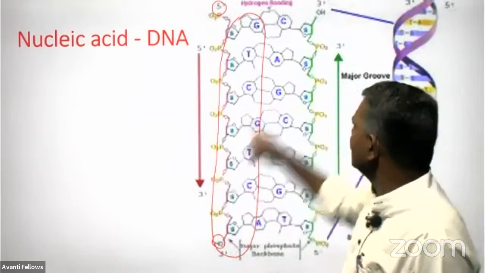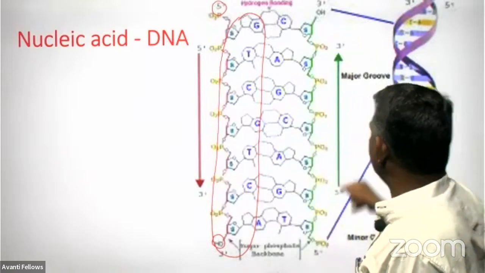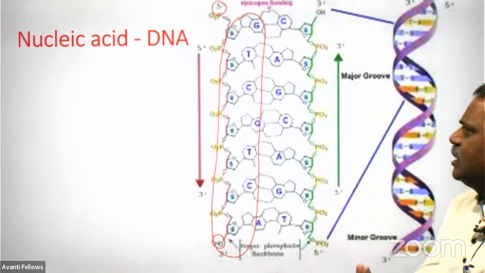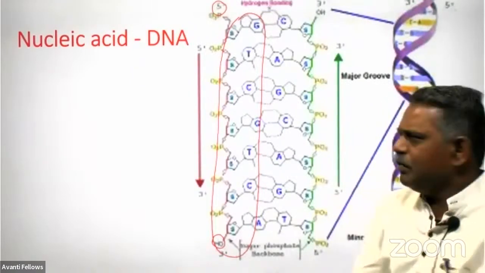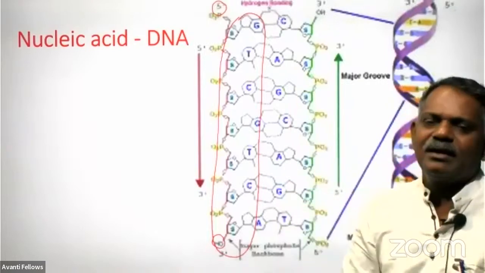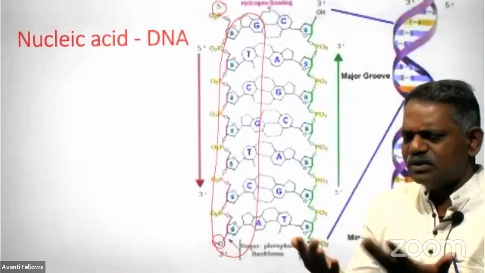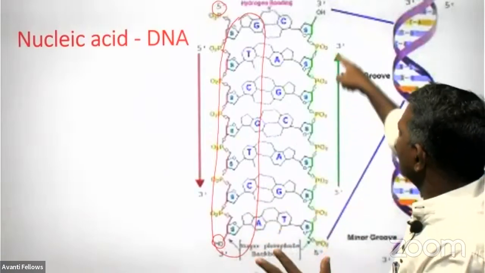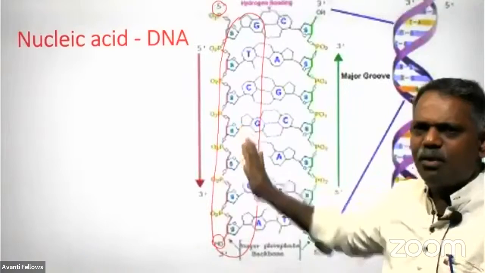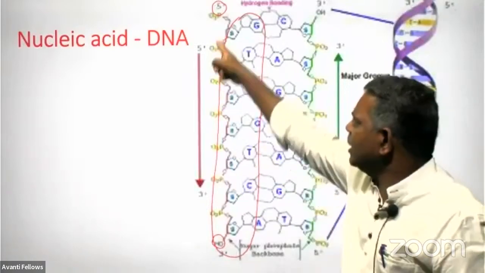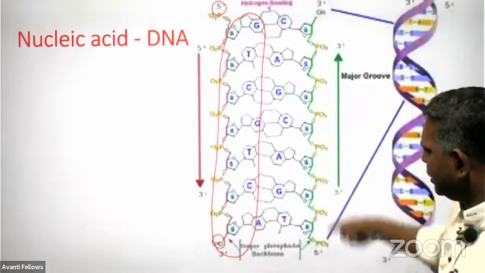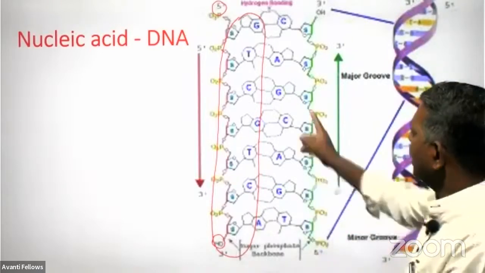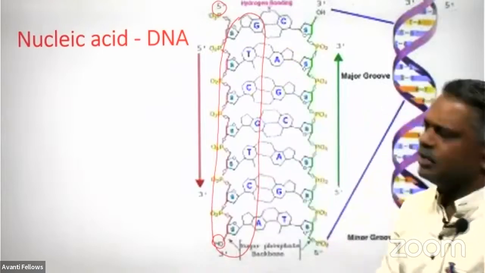One is from 5' to 3', and the other is from the 3' to 5' direction only. Such an anti-parallel arrangement of these two strands helps keep the nitrogenous bases exactly at the center. What is the need to keep these nitrogenous bases at the center? In these two strands, the phosphate molecules are towards both sides. Here we can find the phosphate molecule, and here we can find the phosphate molecule, only because of this anti-parallel arrangement, and the nitrogenous bases are exactly at the center.